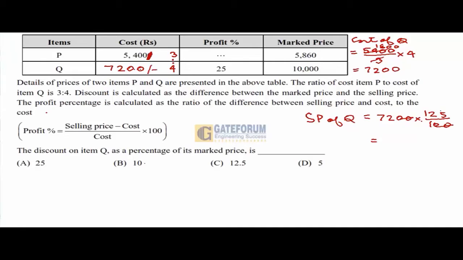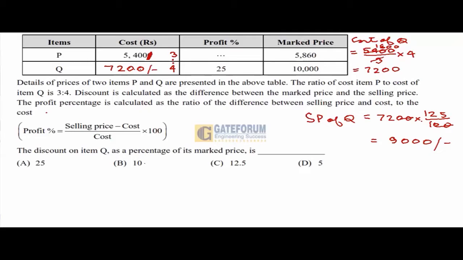Or else we could have said 5 by 4 and 1,800 into 4, which basically becomes 9,000 rupees. 125 into 72 will become 9,000 rupees. Okay, so I know that the selling price of Q is 9,000 rupees.